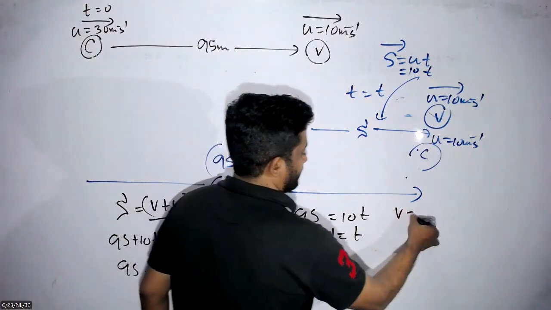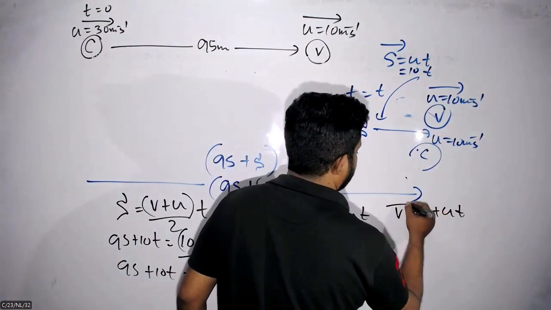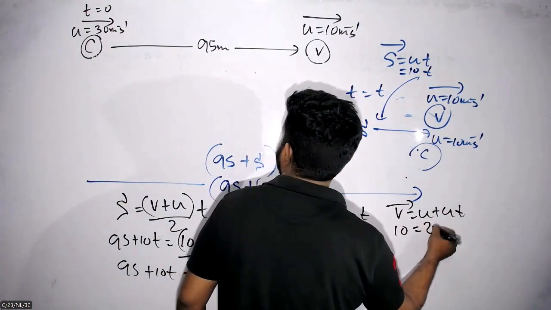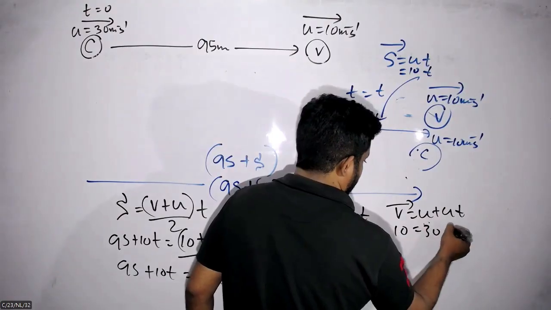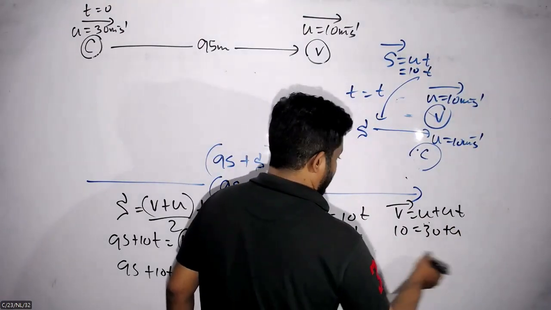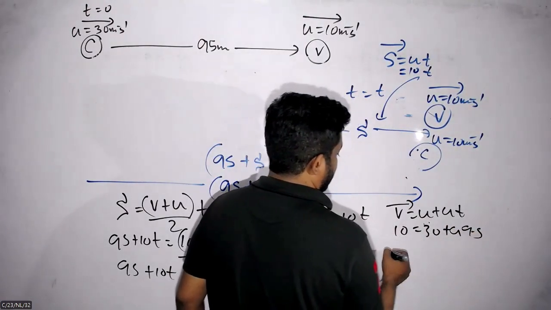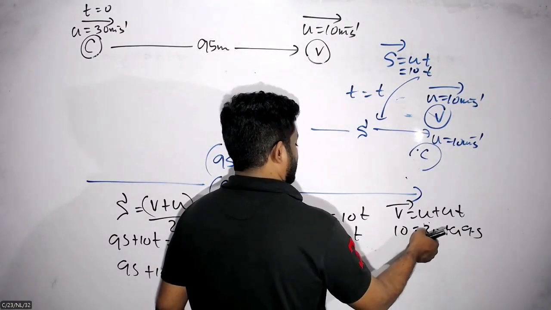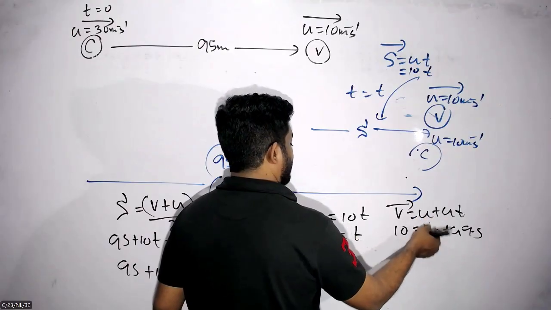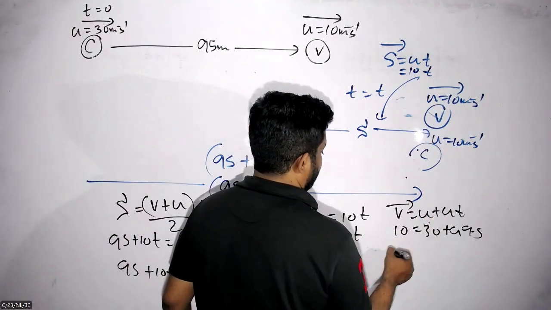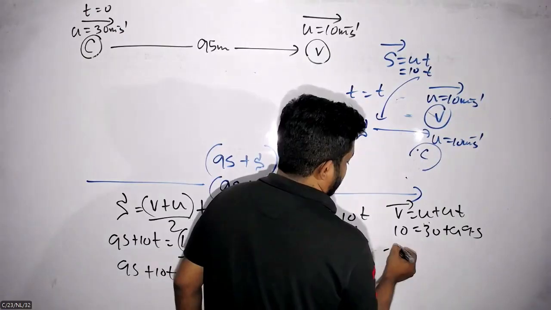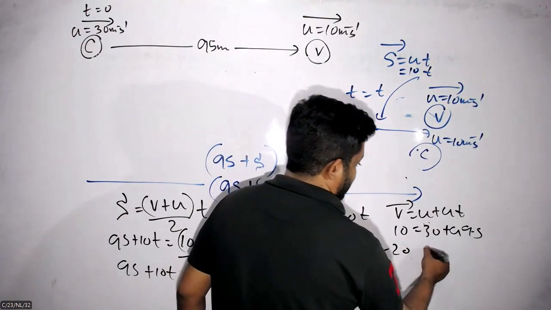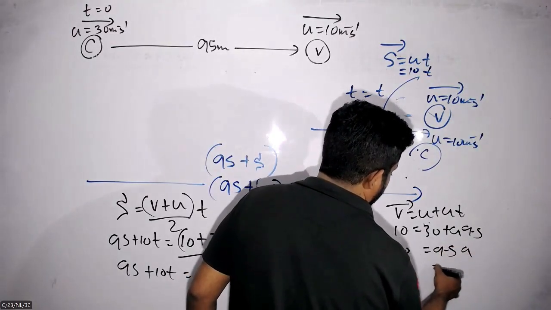Then you can apply V equals U plus at to find the acceleration. Final velocity 10, initial velocity 30, plus a times the time taken 9.5. Then you can bring this 30 from here to here: 10 minus 30, so minus 20 is equal to 9.5a.